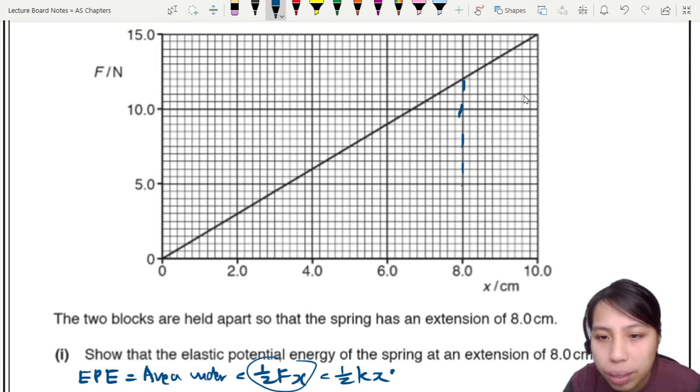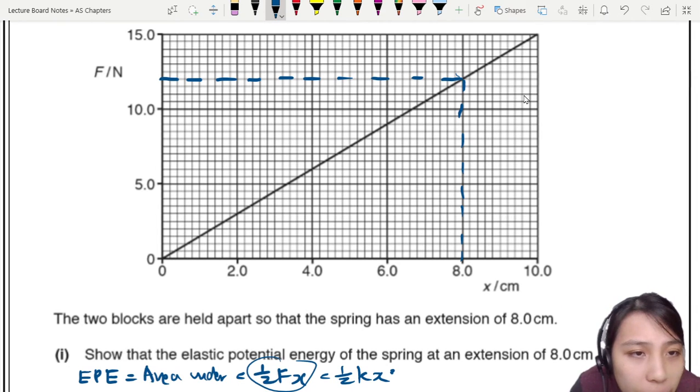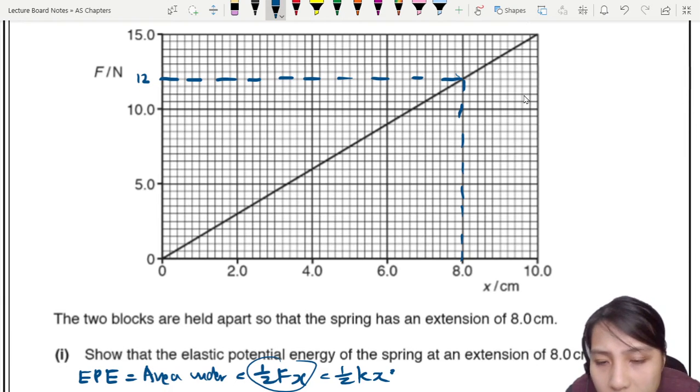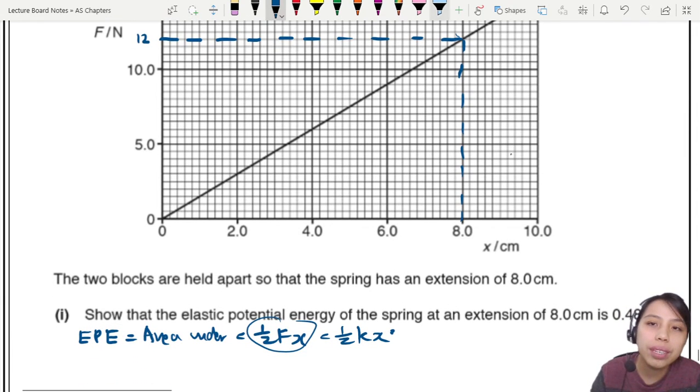This point, okay, you better do this along with me. Don't just stare at me drawing graph. You don't learn physics by watching people do physics. You learn physics by doing physics with me. Or thinking like this. Okay, what is this value? 11, 12. So this is 12 Newton. Down there's 8. So force times distance, also known as area under the graph, which is this whole thing.